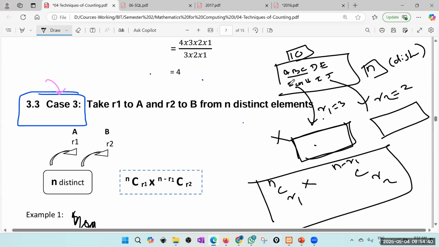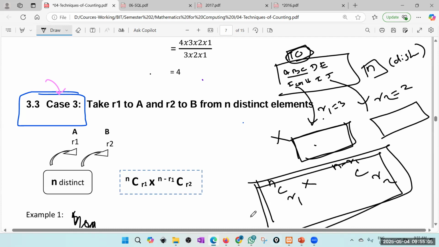From entire N, you pick R1. From N minus R1, because we have already taken R1 elements, you pick the R2 and you multiply because these are possible combinations. So that is our case 3.